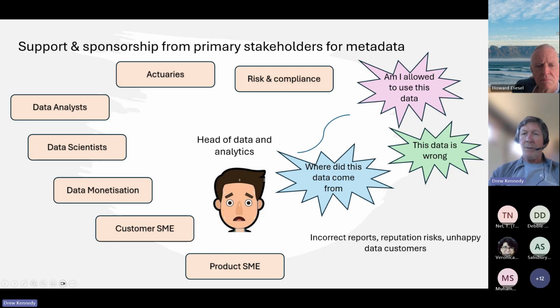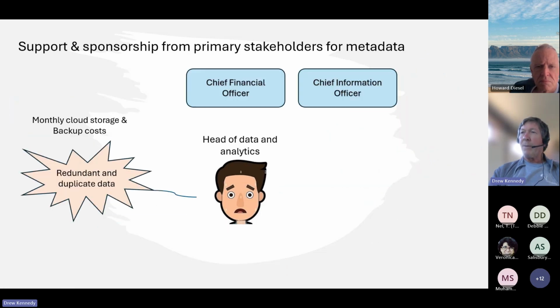So I'm suggesting that if this head of data and analytics, whoever he or she is, were to slowly build up their business case to say, how do we reduce our costs? Because you can demonstrate, probably by doing some profiling of duplication in your lake, and say, we know that already there's a 30% duplication and obsolete data.